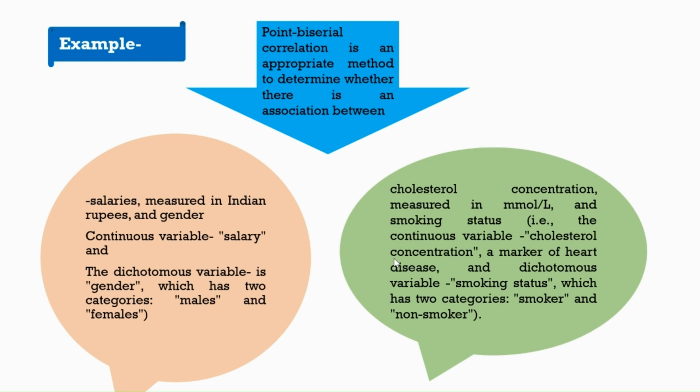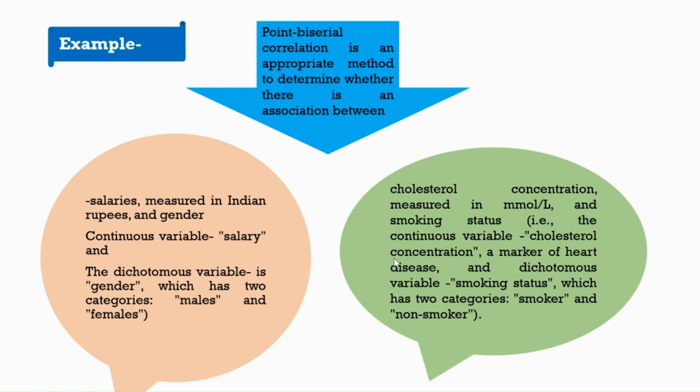Similarly, in another example, which doctors generally use, is the cholesterol concentration measured in millimole per liter. The concentration of cholesterol in the blood is measured in millimole per liter, and the second variable is smoking status. The first variable, cholesterol concentration, is the continuous variable, and it is a marker of heart disease.